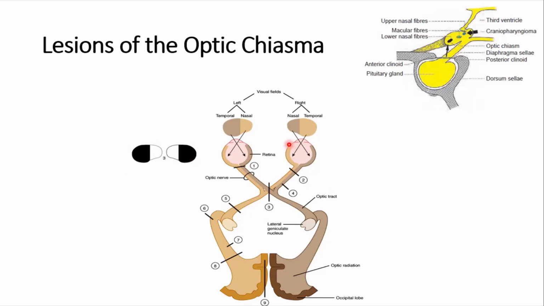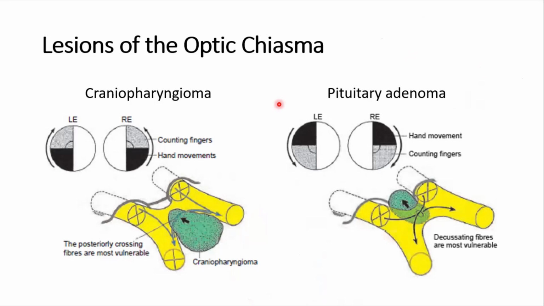But these field defects do not develop overnight. So an optic chiasmal lesion usually occurs due to compression, either due to a pituitary adenoma or a craniopharyngioma. Now, here we see the pituitary. If the pituitary has to enlarge, it is going to compress the inferior part of the chiasma first, right? So let us look at this particular example now.